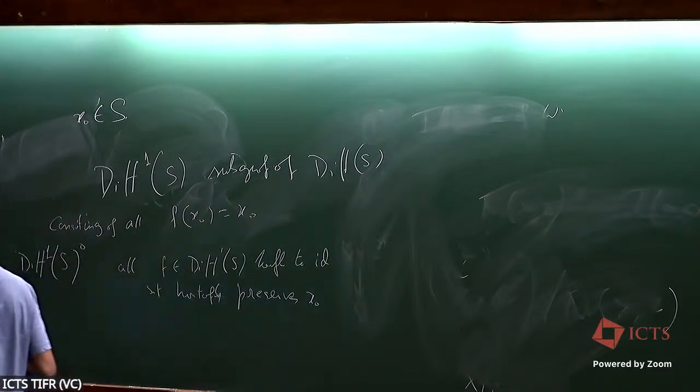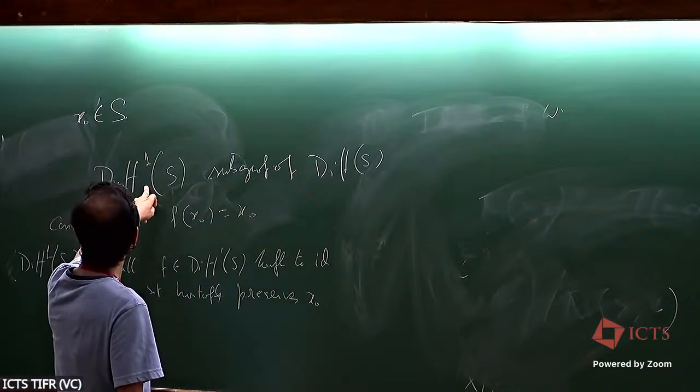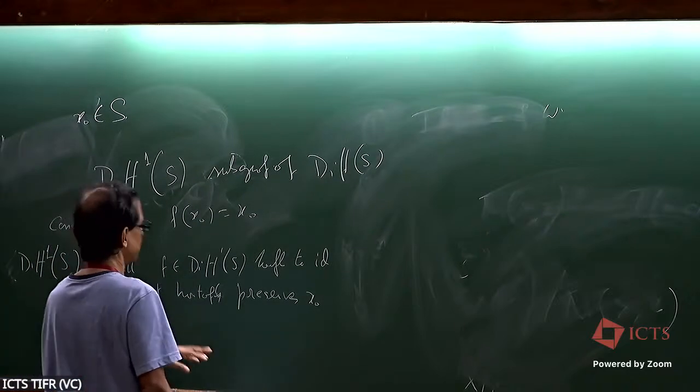Point preserving homotopy, that I call this. So this is a subgroup of Diff and this is a subgroup of Diff naught.